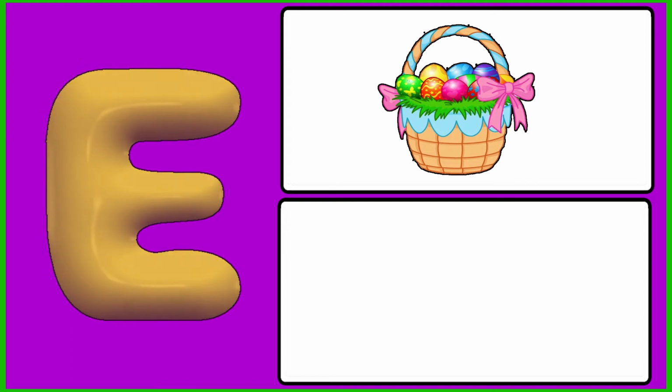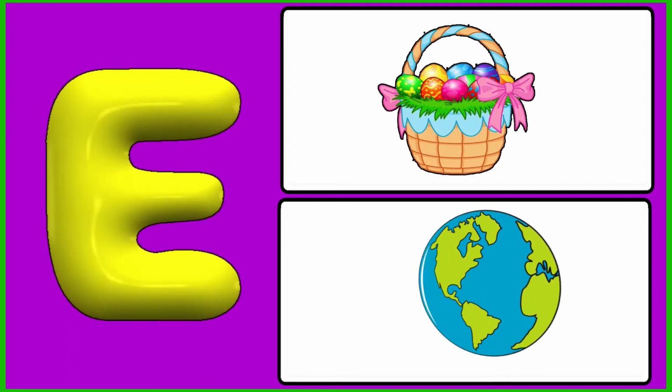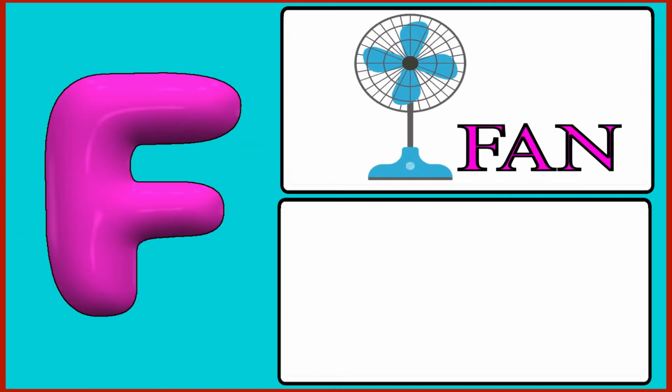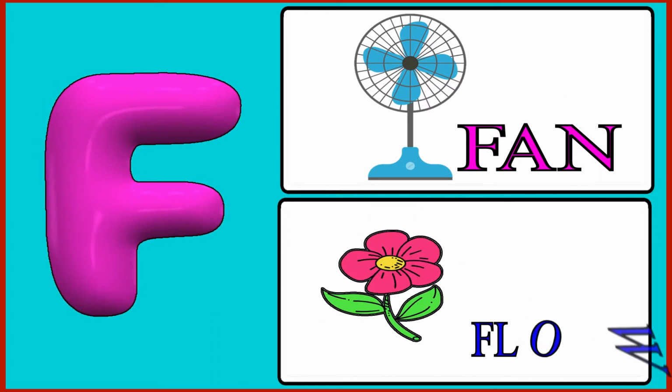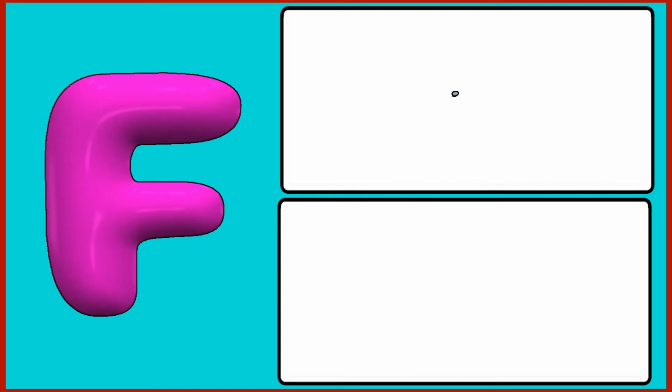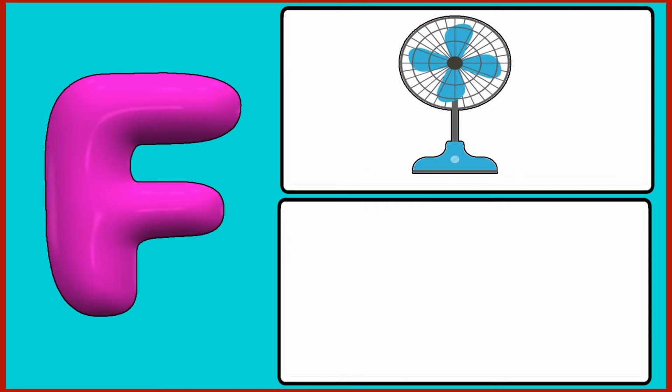E is for earth. F is for fan, fan. F is for flower, flower.